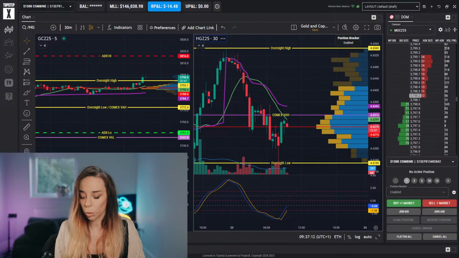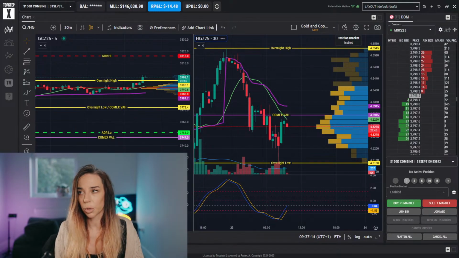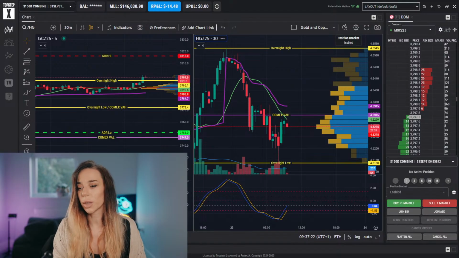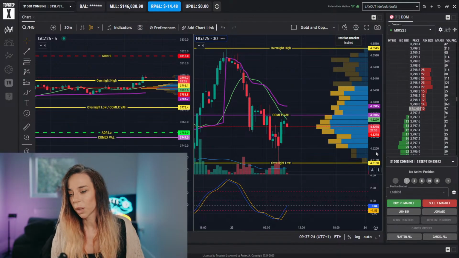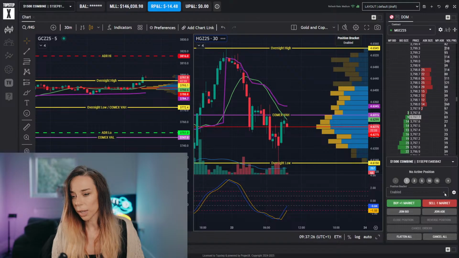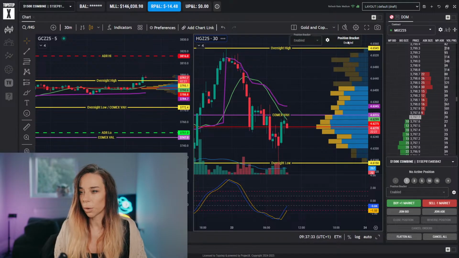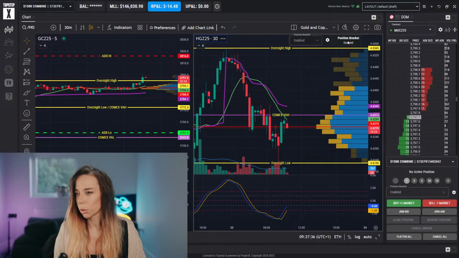If you know what the OCO orders are, it stands for one cancels other. So the brackets, they're in advanced order management. And one thing that we all wanted to see is a bracket at the bottom of the dome, but also you have it now on the charts too.